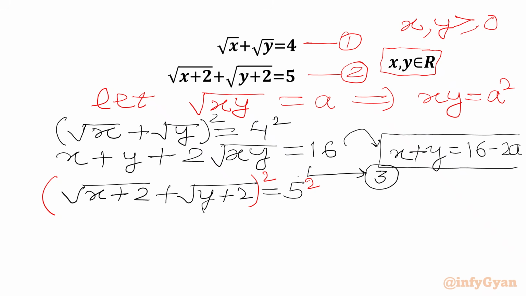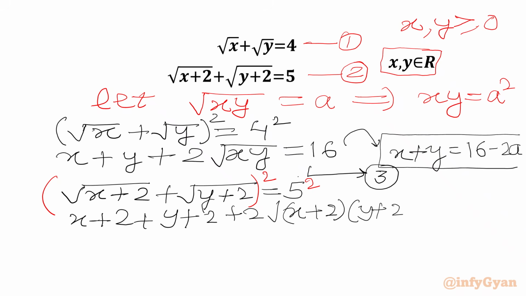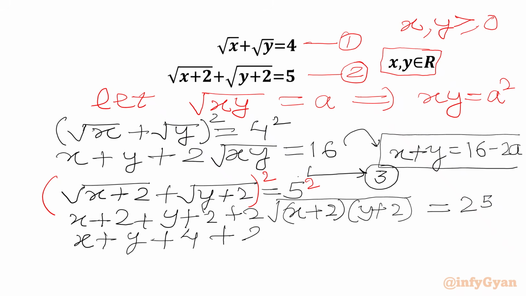We'll be using a plus b whole square identity once again and get x plus 2 plus y plus 2 plus 2 times square root of x plus 2 times y plus 2 equal to 5 square, which is 25. Now we have x plus y plus 4 plus 2 times square root x plus 2 times y plus 2, and in RHS we have 25.